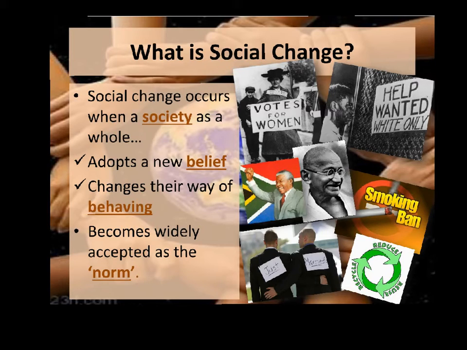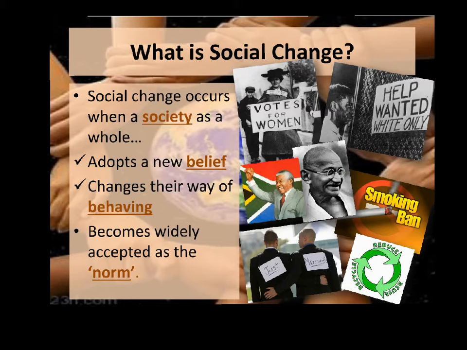So as we've said then, when we experience social change, that is when the majority of society adopts a new way of thinking. So they've got a new belief system regarding a particular area of society, or possibly even a group of individuals. Now that often has a knock-on effect and changes the way that they behave towards that particular topic matter, or if it is a group of people in question, then it can often change the way that we act towards those people.